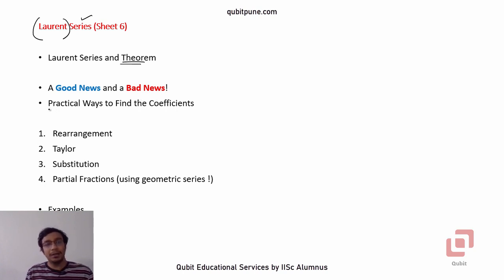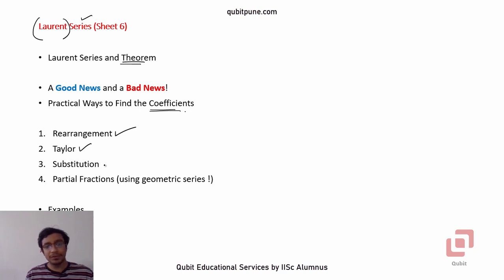There are better ways to find the coefficients of the Laurent series, and these can be rearranging the terms given in the function's definition, or using the Taylor series expansion of the constituent functions, one or more.